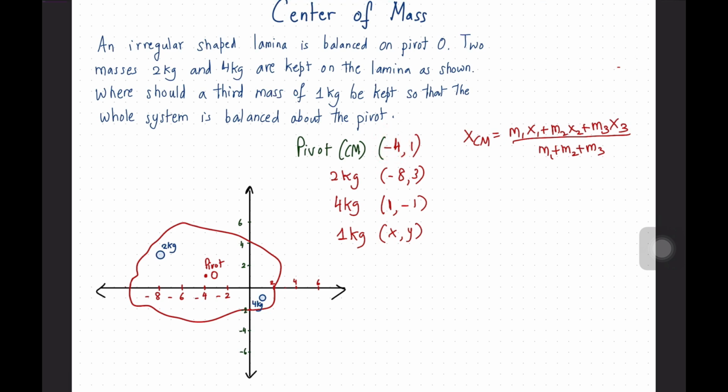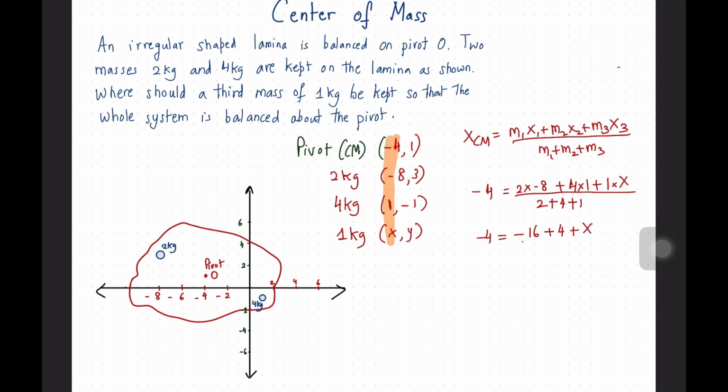Now we can look at the coordinates and take the x coordinates, multiply with the masses and put it into the formula. So xcm is -4, and then we have 2 multiplied by -8, 4 multiplied by 1, and for 1 kg, we don't have the coordinates, so we'll write it as 1 multiplied by x. And then in the denominator, we just add all the masses.